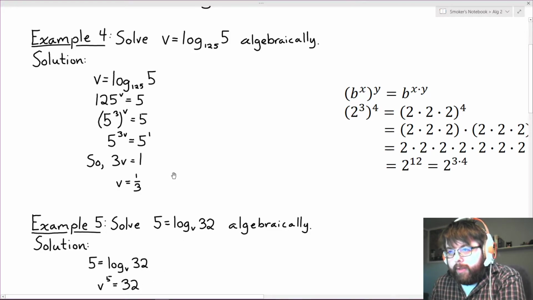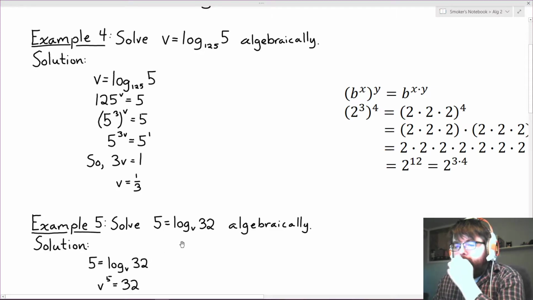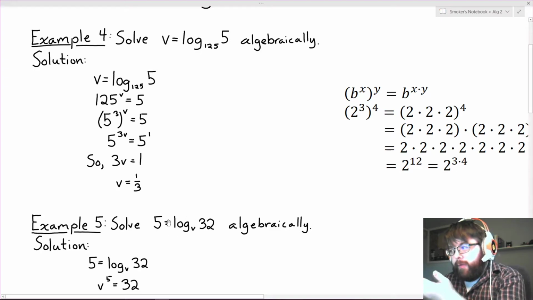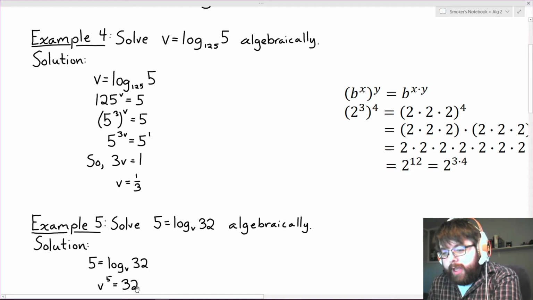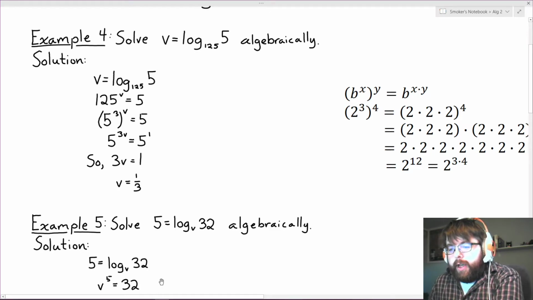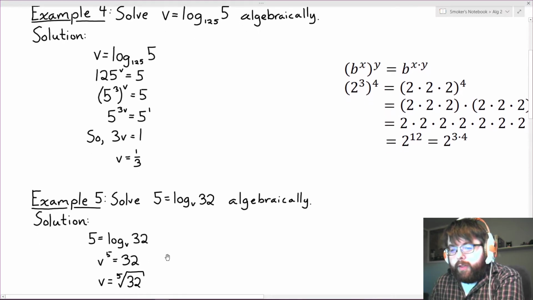Logs help us solve for exponents. So this is a logarithmic form problem that should not be in logarithmic form, is my point. So we convert it to exponential form to solve it. We solve this by taking the fifth root of both sides. The power of 5's opposite is the fifth root.